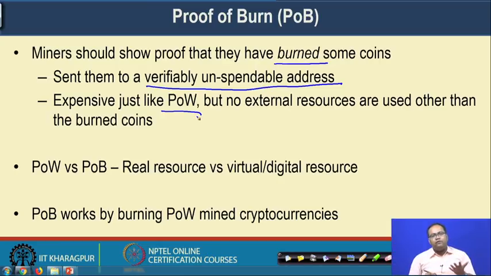In case of proof of work, your investment was the physical resources, like your computational power, the computation time, the electricity bill that you have to pay, and the physical money that you have to invest to purchase computational hardware. Here you have to spend digital or logical resources, which are the bitcoins. So, you have to spend certain bitcoins to participate in the mining procedure to show that you have interest in generating the block.